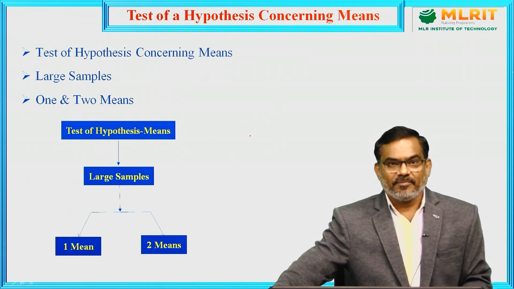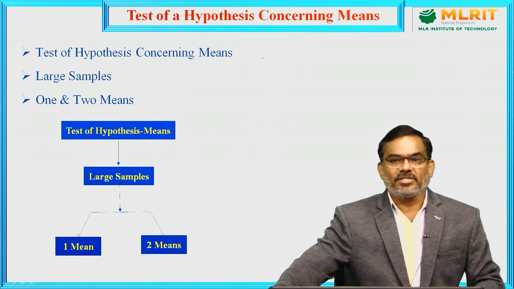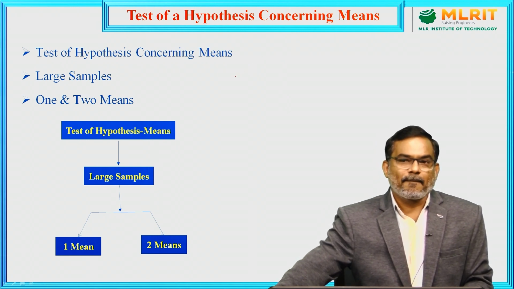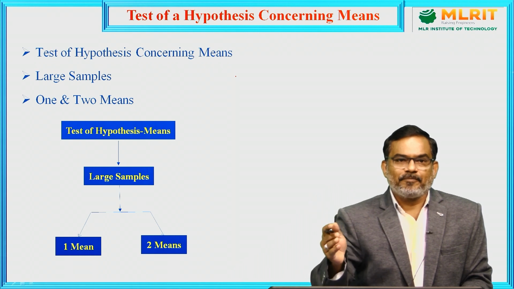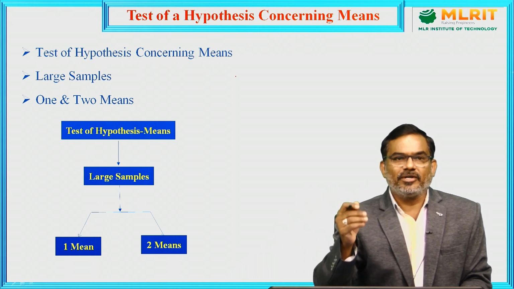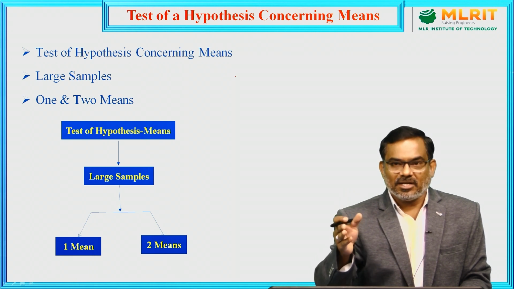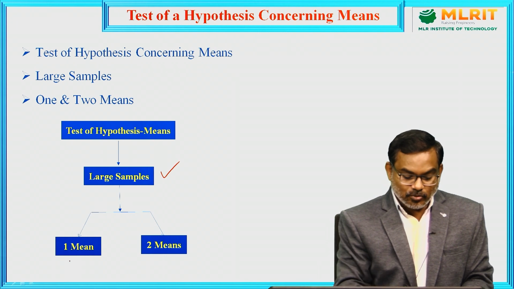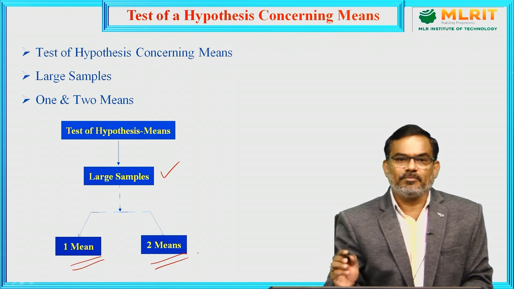And the next, the test of hypothesis concerning means. In test of hypothesis concerning means, there are two types. The sample can be large or small. Now today we are going to discuss only about the large samples. And again in the large samples, there are two types, one mean problems and two mean problems.